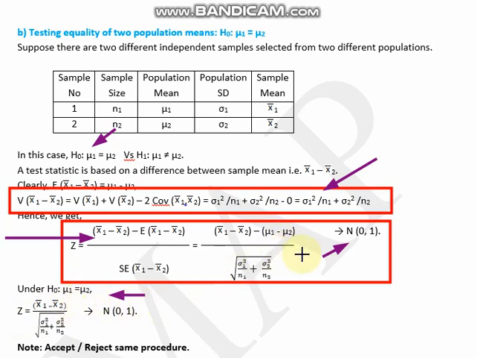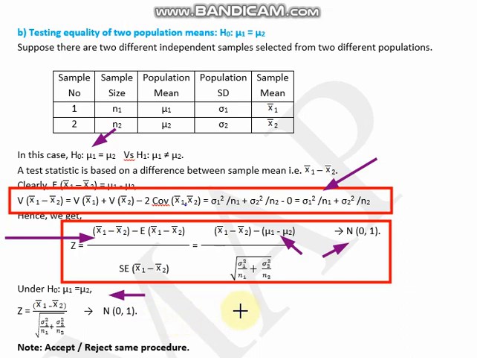So if you put the value of mu1 minus mu2 as 0, the revised Z under H naught becomes Z is equal to x bar 1 minus x bar 2 divided by square root of sigma 1 square upon n1 plus sigma 2 square upon n2. This follows normal 0, 1.